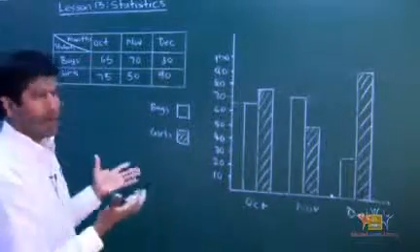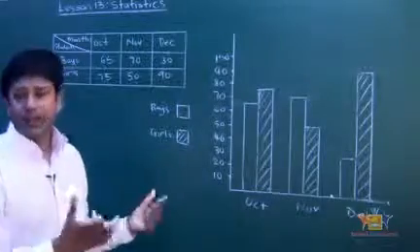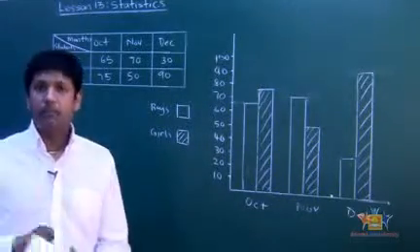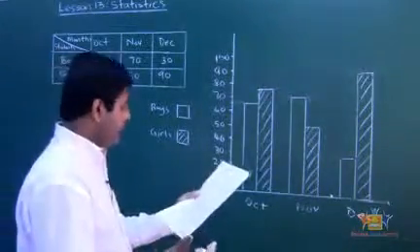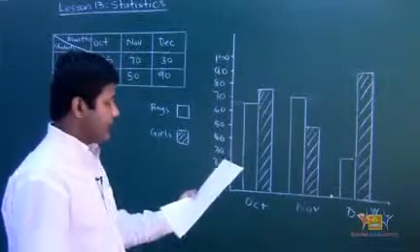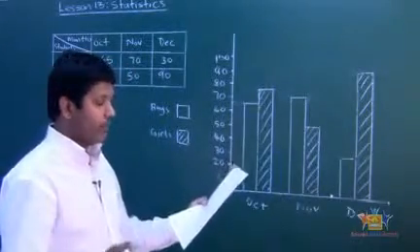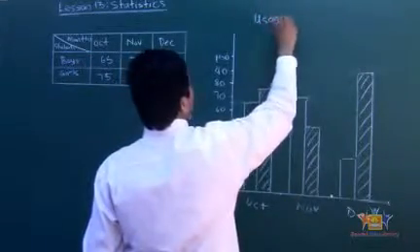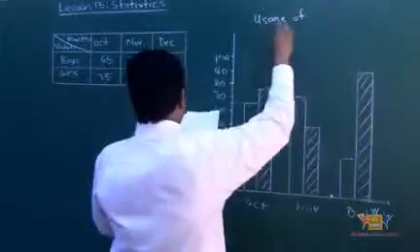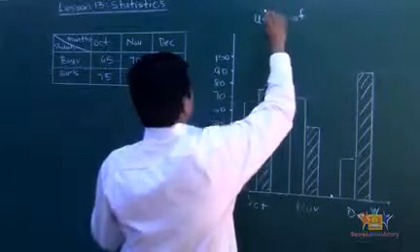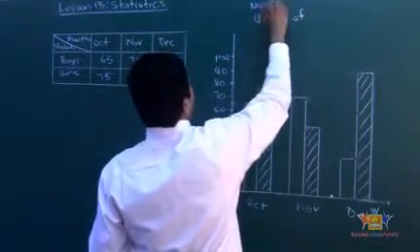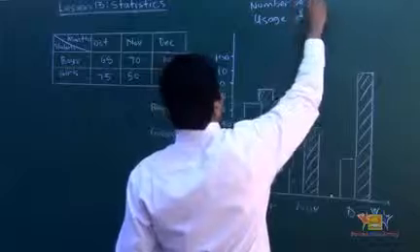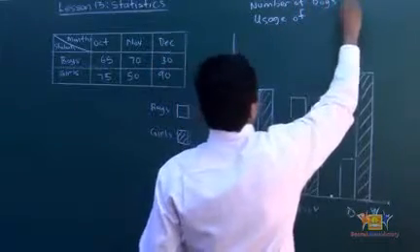Now look at this. Now what else is missing? The label. We can label the bar chart. Okay, so this is what the table shows, the usage of computers in a computer room. So let's say usage of, okay, another word, number of boys and girls.